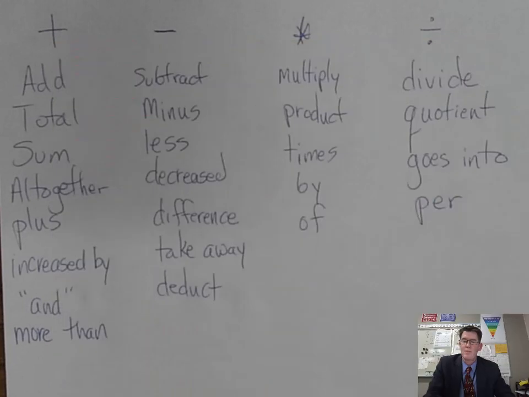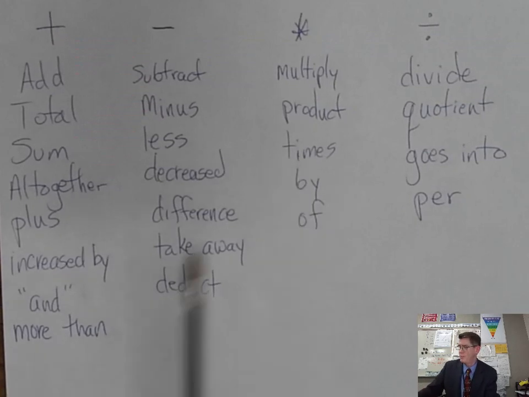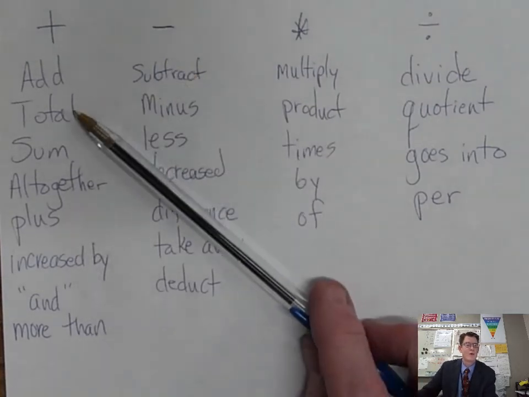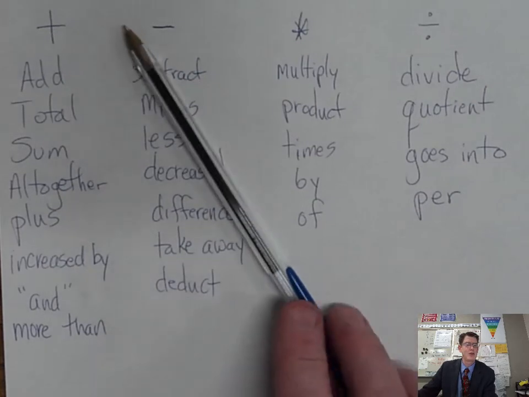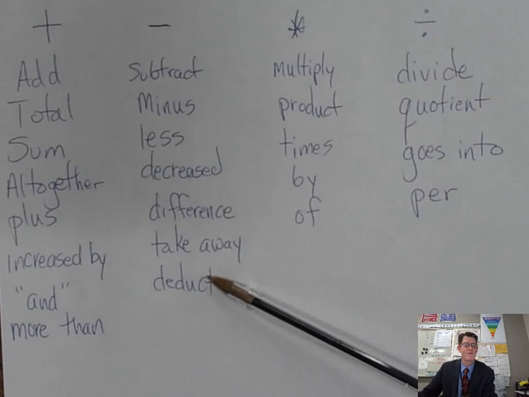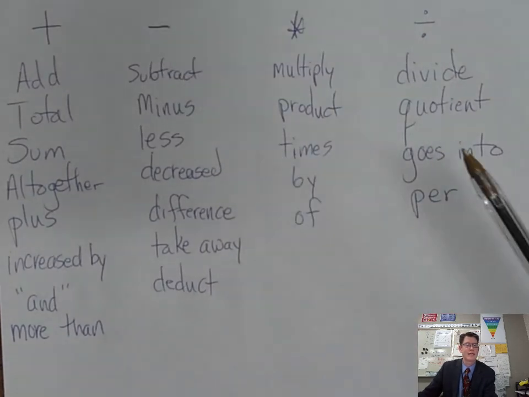Here we go. You're going to see words today like add, decrease, quotient, product, or more than. As you see words, I just want you to know what each of them means. Each of these words means that you're going to be adding something together. If you see these words right here, it means you're subtracting.